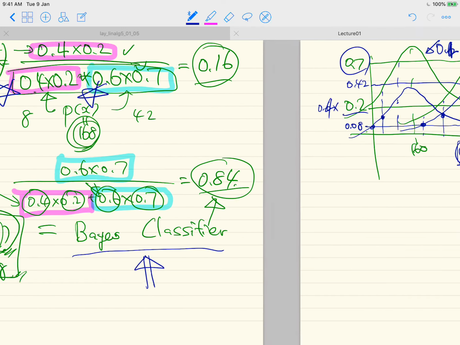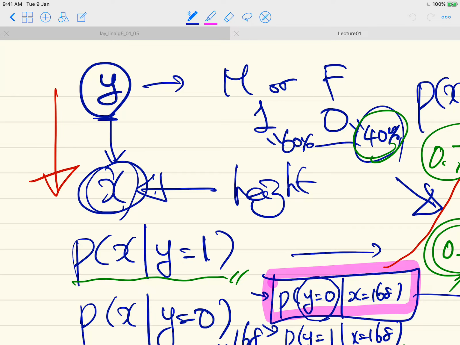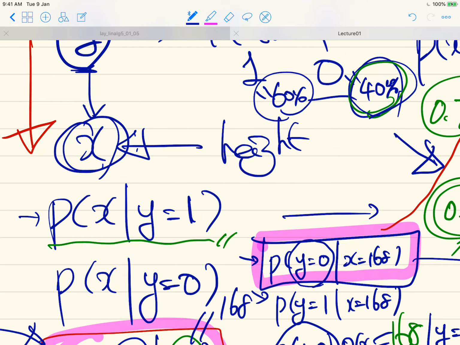So in this case, if we just randomly generate our samples by following this generation process, okay? So y has the probability of 60 versus 40%, and then this likelihood is Gaussian, and the mean is 170, and maybe the standard deviation is 10.